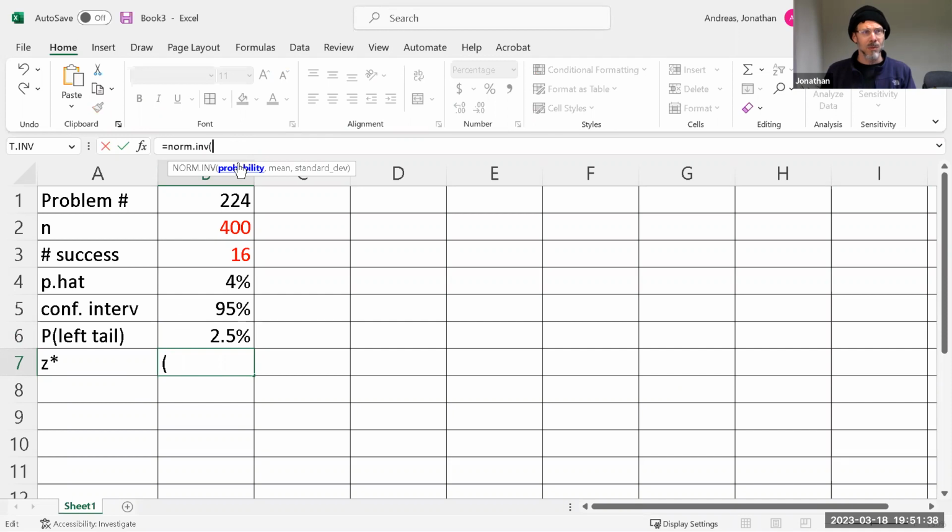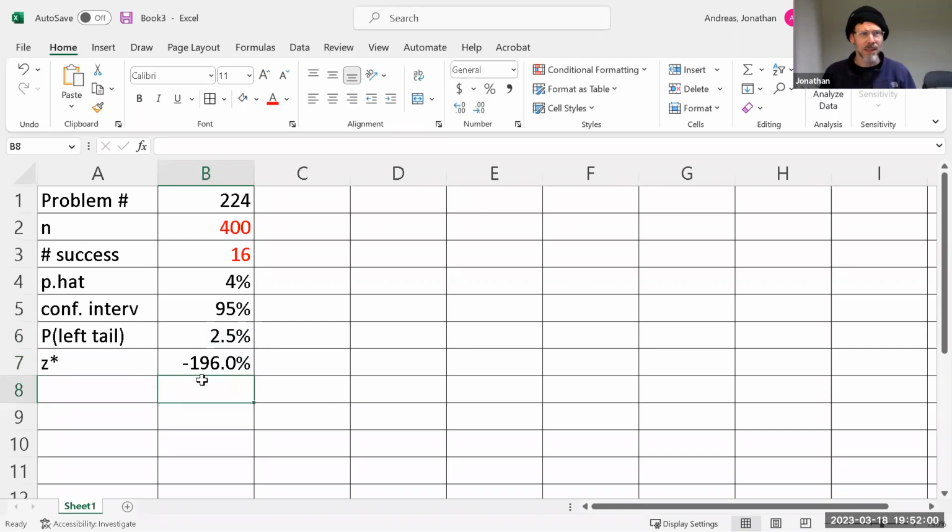To use the norm dot inverse function, we use a probability, and then this is the z distribution, which always has a mean of 0 in the middle of it, and always has a standard deviation of 1.